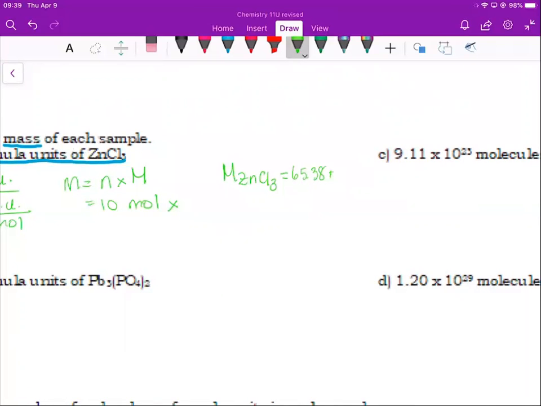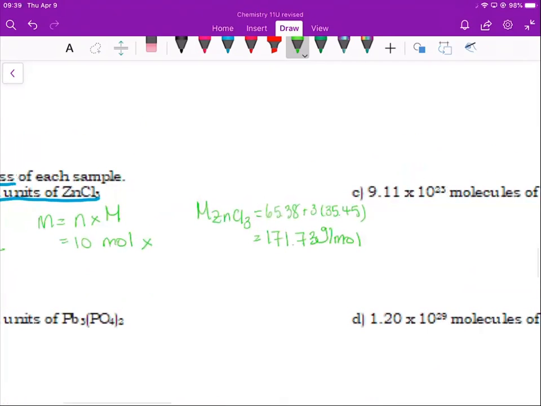It's 35.45. Okay, so I have 2 of them. And so I get, for the total molar mass of 1 mole of formula units of zinc chloride, 171.73.